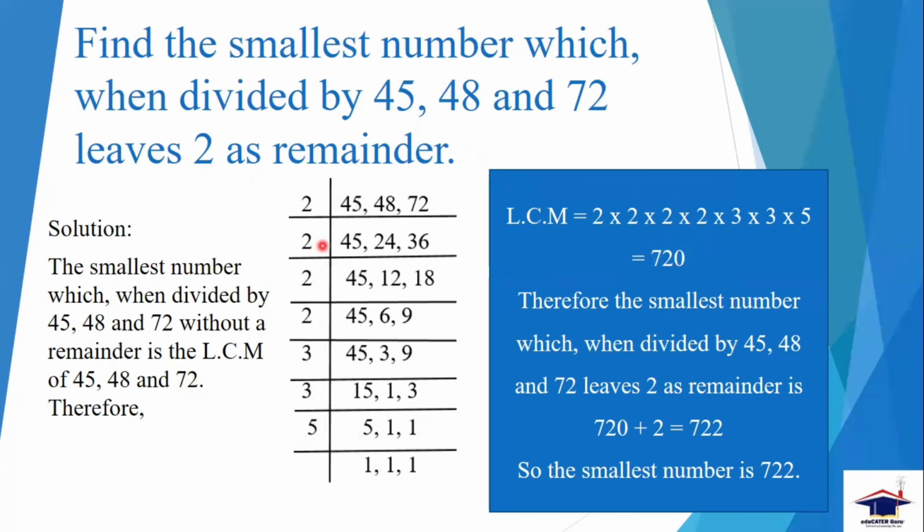When the question asks to leave some number as remainder, then you have to add that particular number to the LCM. Here the LCM is 720 and they've asked to leave 2 as remainder. So add 2 to 720 which becomes 722. So this is the smallest number, 722, with 2 as remainder.